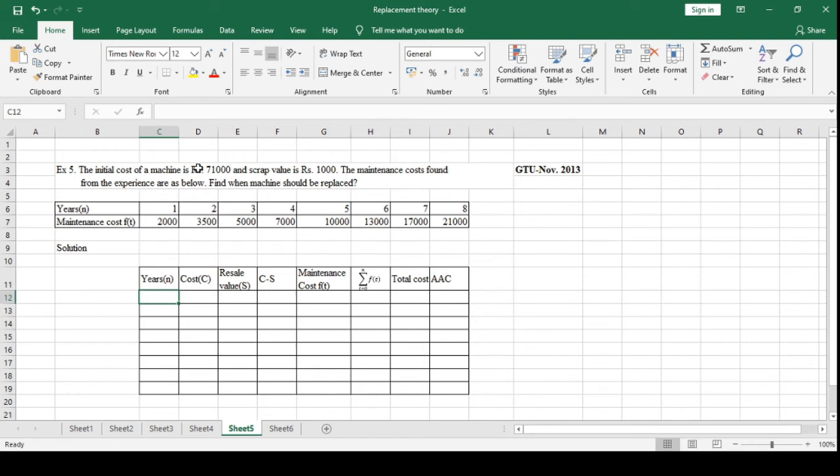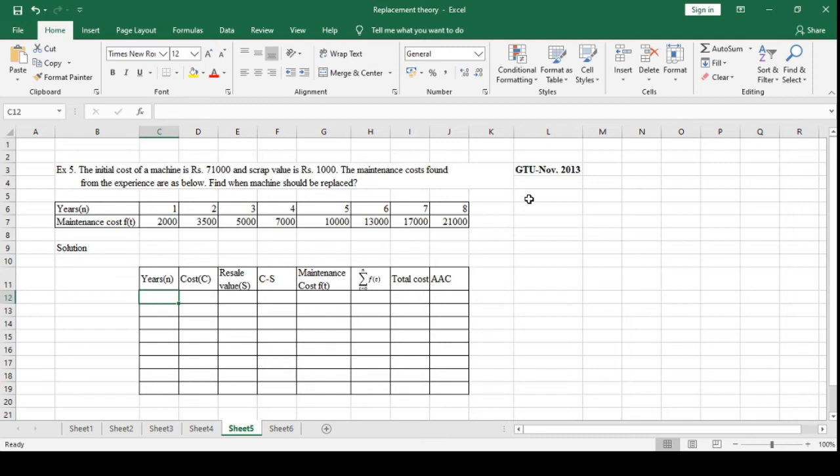Cost, that is your purchase price, is given over here, 71,000, and instead of the resale value, scrap value is given to us. So if we give the machine as scrap, we will get the amount that is rupees 1,000. Okay, this question was asked in GTU November 2013.